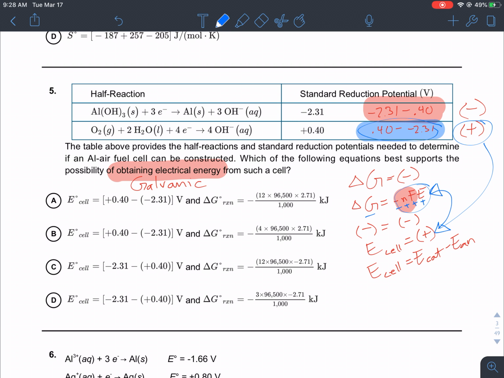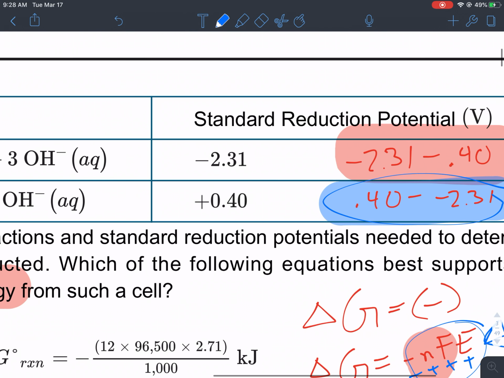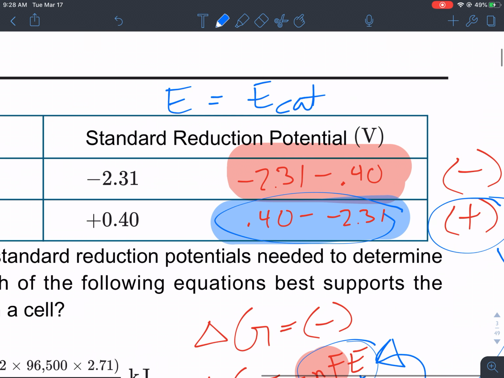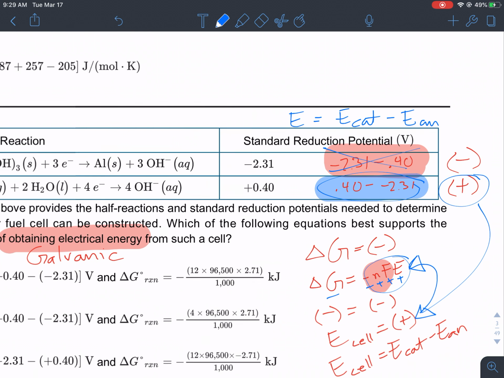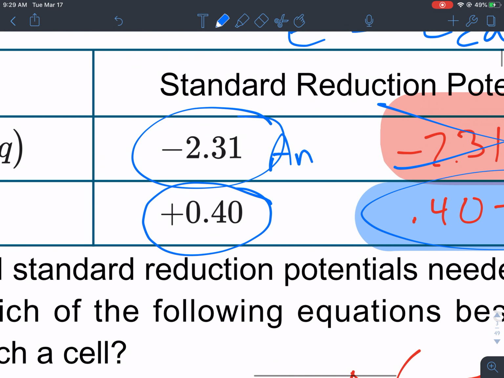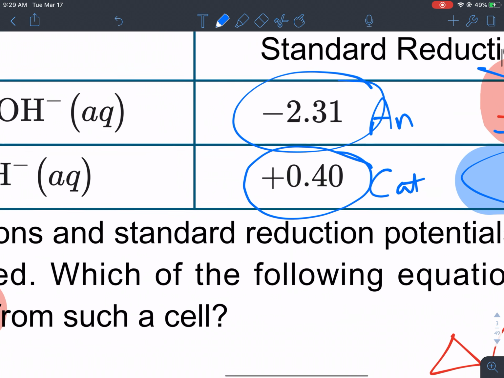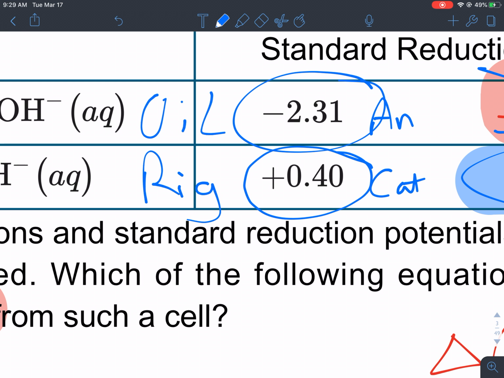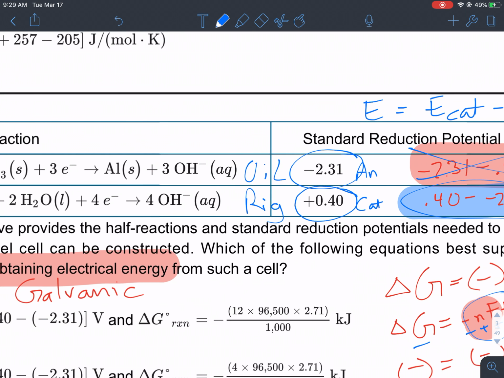Remember, this is how I calculated E cell: E cell is equal to E cat minus E an. So this is wrong, the blue is right, meaning this guy is our cathode, this guy is our anode. This guy is reducing and this guy is oxidizing. Anode, oxidation; reduction, cathode.